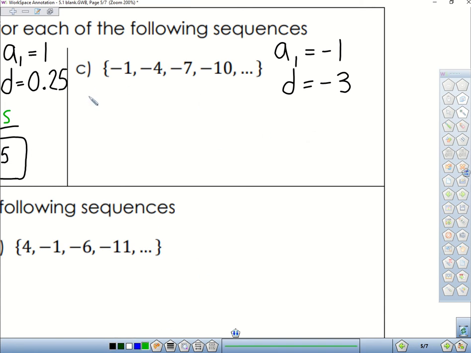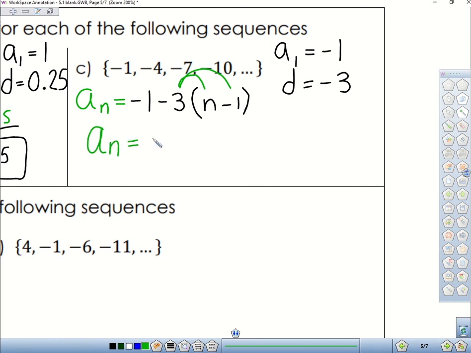So now we're going to take our formula. A sub n is equal to A sub 1. And this time, it's going to be minus D, right, because it's negative, times n minus 1. And now to simplify, we just use the distributive property.